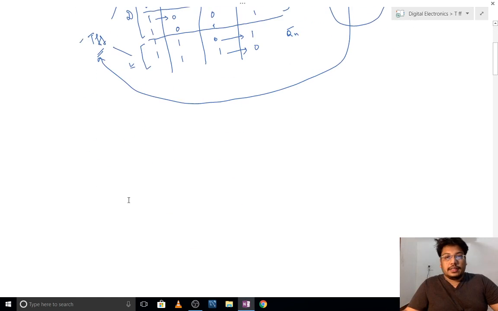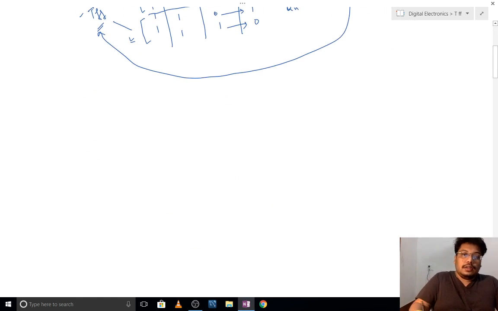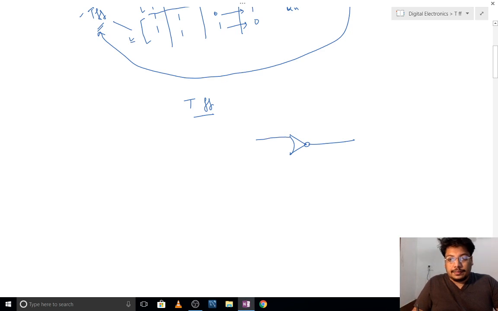So extending this idea and creating a T flip-flop, let's say I have a JK flip-flop where I have Qn, where input and output Qn plus 1 will be at the same points, and here I have Qn bar, and first we will create a latch out of it.